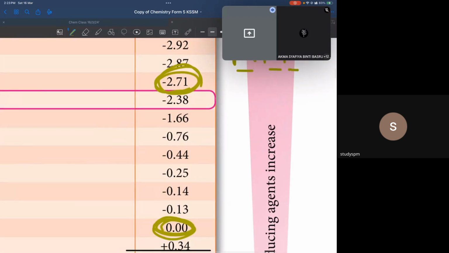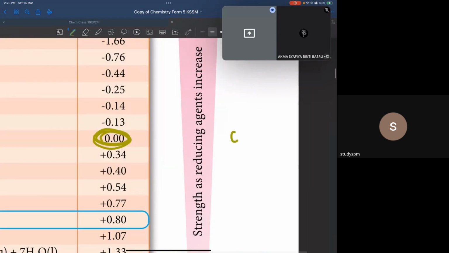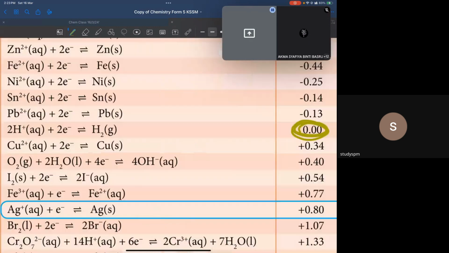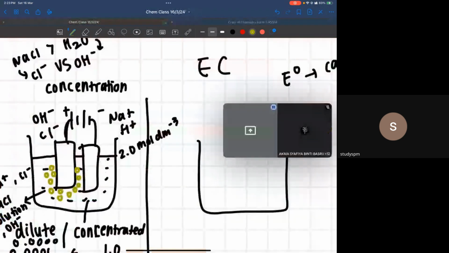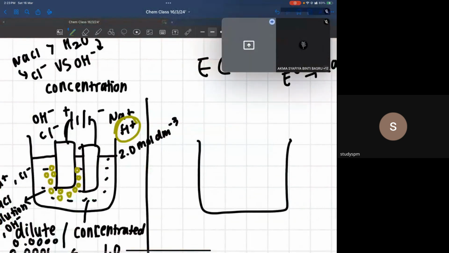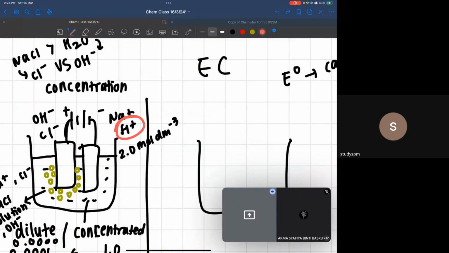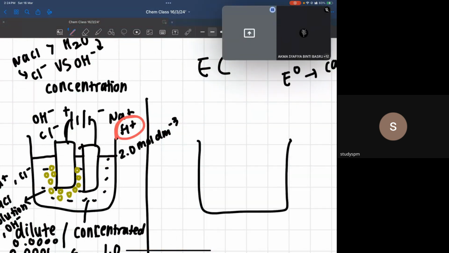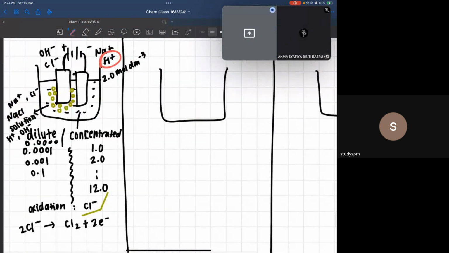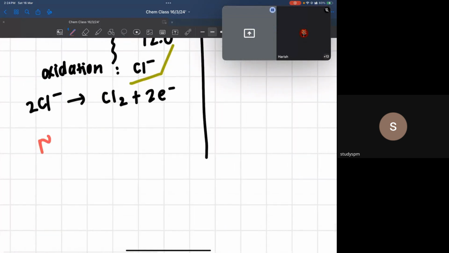More positive. Okay, which one is more positive? 0.0 or negative 2.71? Must be 0.00, it is more positive, right? So the winner is hydrogen. For cathode, the winner. Okay, we use a different color again. The winner. So hydrogen is selectively discharged. So, reduction.